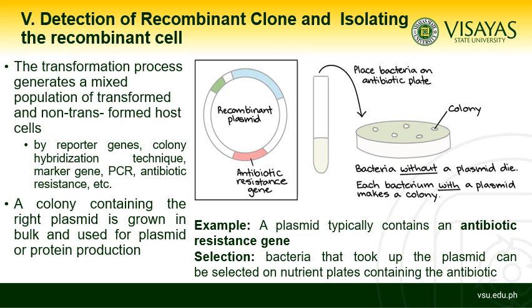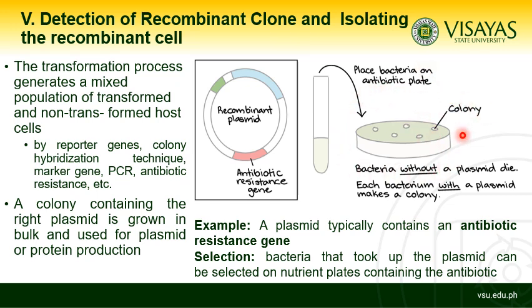As I said during the start, this is very important during the selection process. This will allow the bacteria to survive in the presence of a specific antibiotic. During the screening, all of the transformed cells or host cells are placed on an antibiotic plate to select for ones that took up a plasmid.